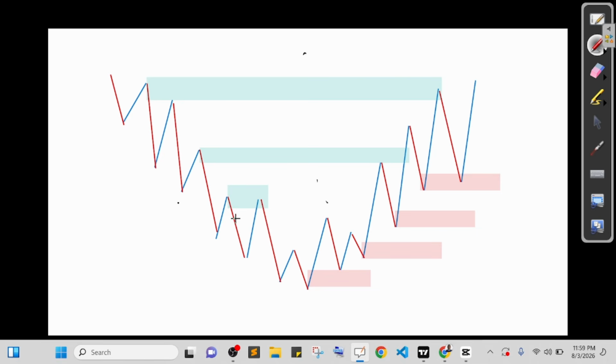Come again, lower low, lower high, lower low, lower high, mitigated. Can you see? Come here, lower high, lower low, break up, change of character. There's a demand zone there. It came and mitigated it. Unmitigated, unmitigated, mitigated. So it's not really hard.